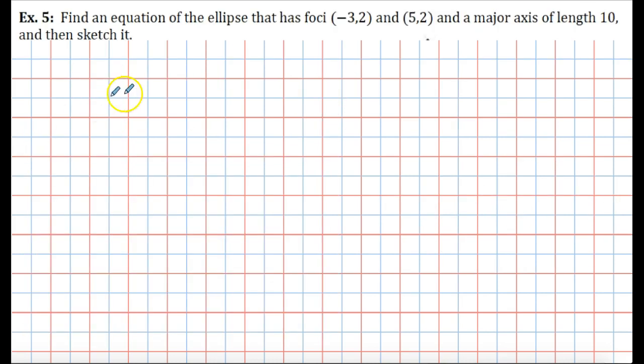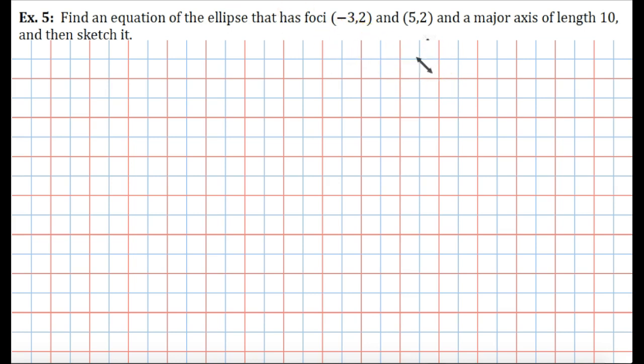Let's try the next one here. So this one says find an equation of an ellipse that has foci at -3, 2, and 5, 2, and a major axis length of 10. Right? And sketch it. So I'm going to start with the picture here.